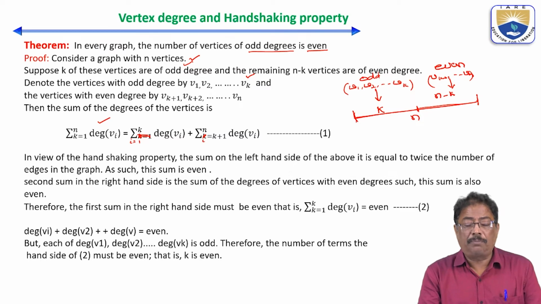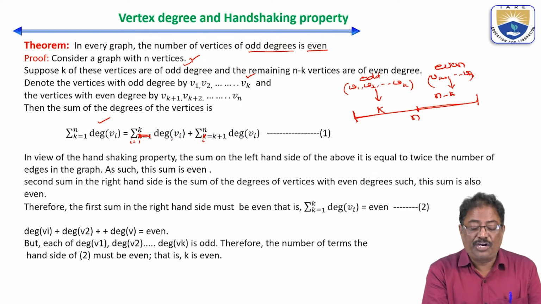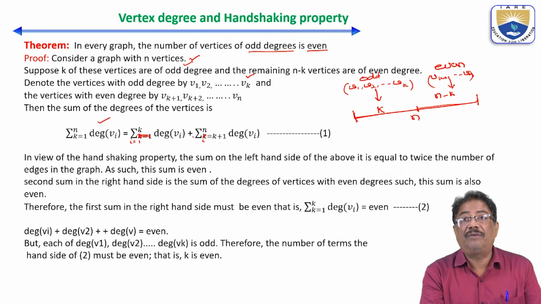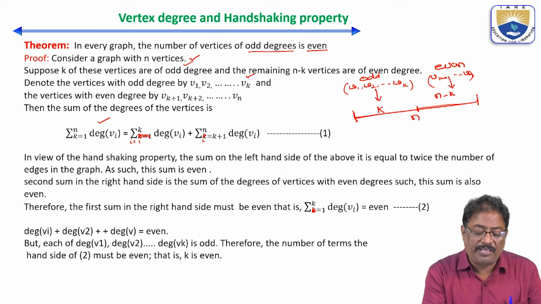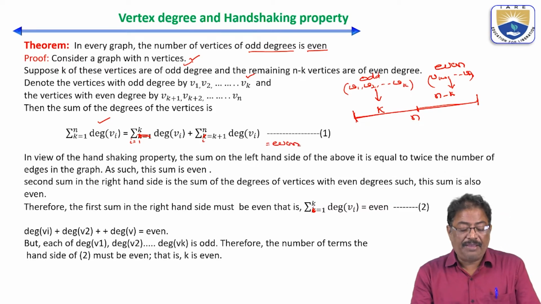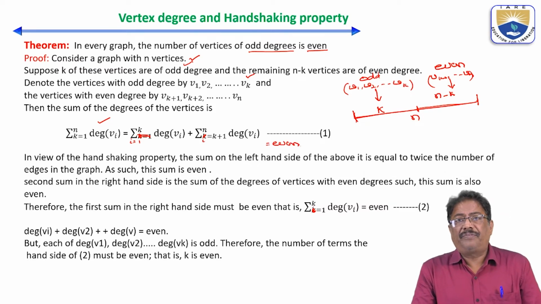Now, by the handshaking property, the total should be even. So this whole sum is even.